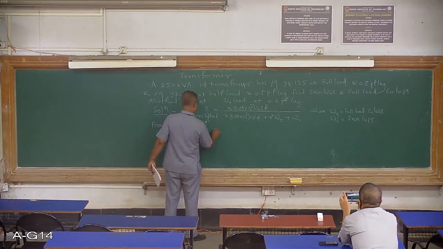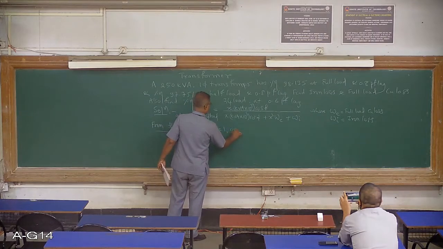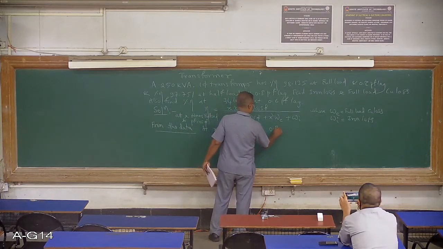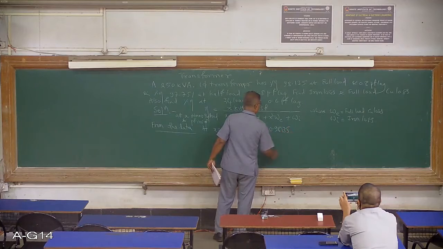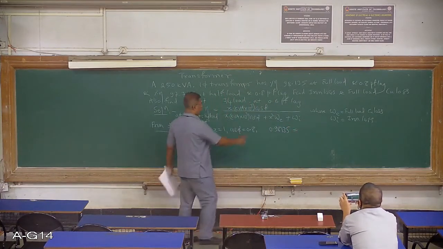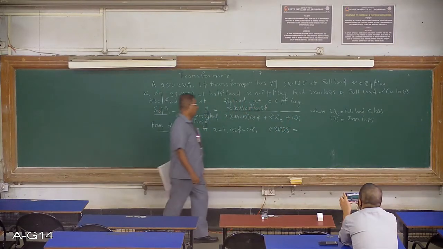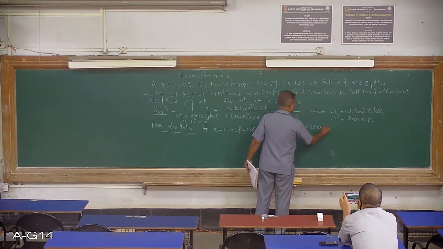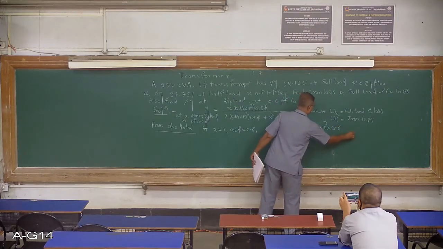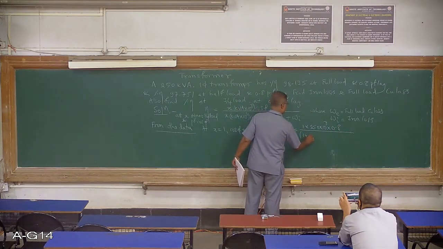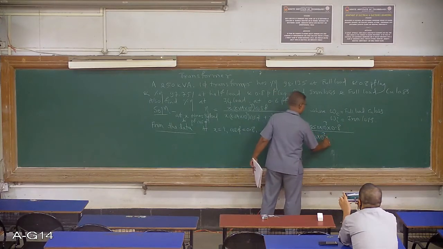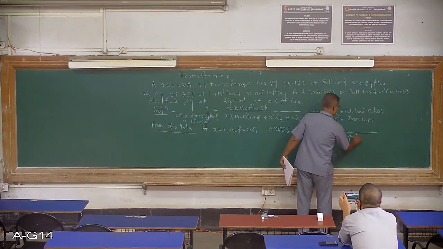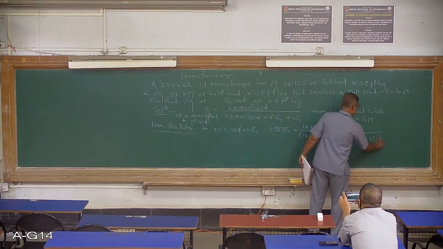At full load X equal to 1 and power factor 0.8, efficiency is 0.98135 equal to X times kVA rating, that is 1 into 250 into 10 raised to 3 into 0.8, divided by 1 into 250 into 10 raised to 3 into 0.8 plus X squared, that is 1, WC is unknown to be calculated, WI is to be calculated.